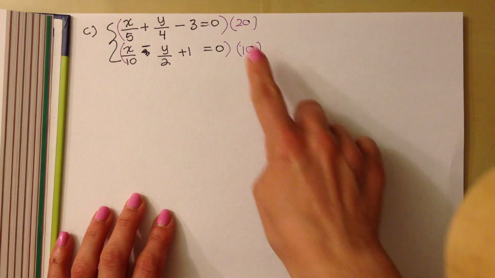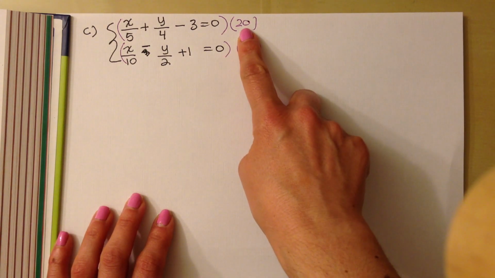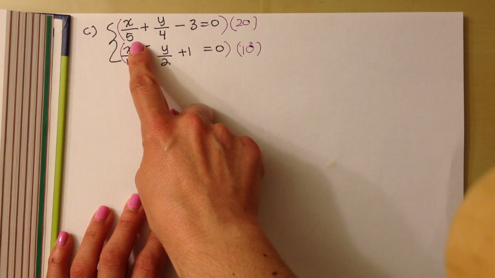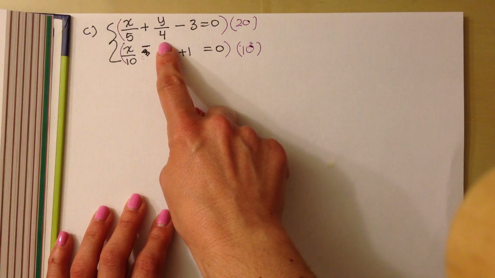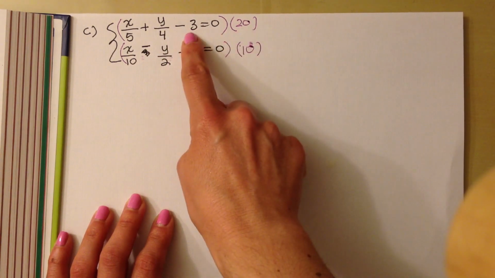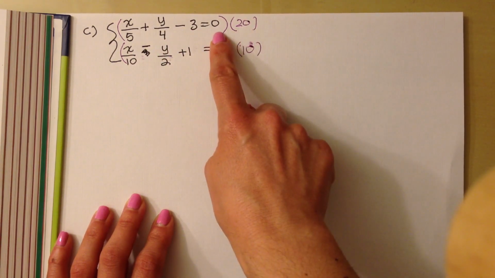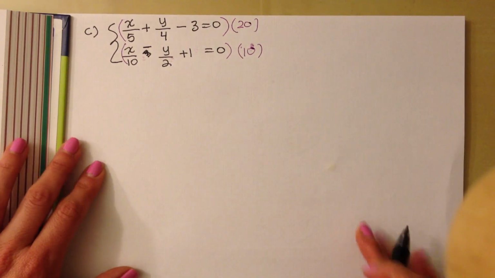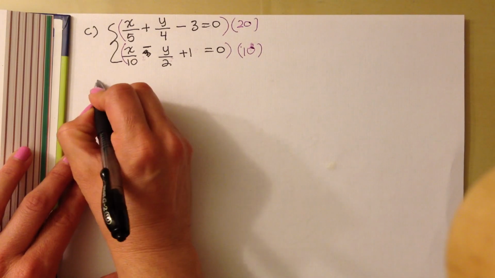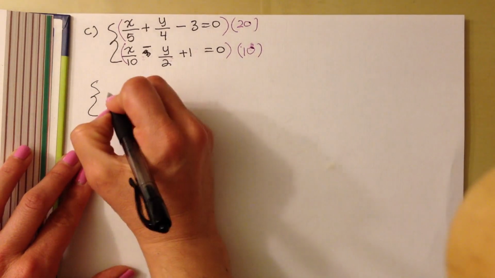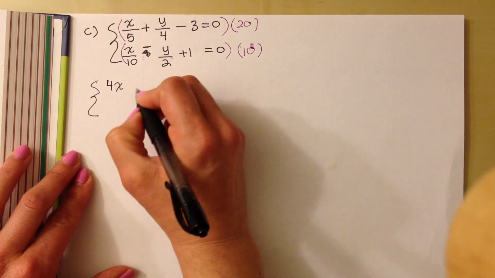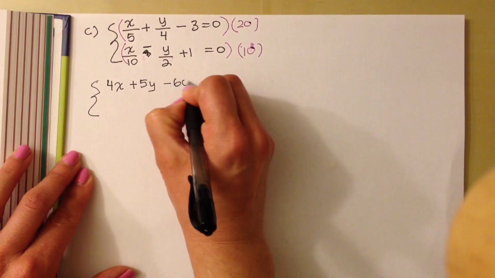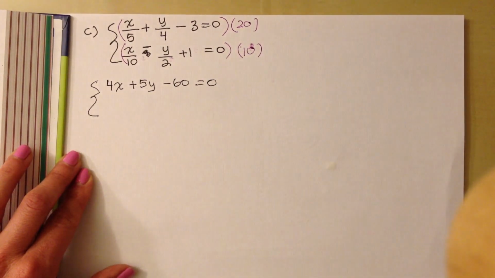Okay, so what we do is we multiply 20 with every single term, so it's 20 times x over 5, 20 times y over 4, 20 times -3, 20 times 0. Same idea with the 10. So let's start. So for our first equation, we end up with 4x plus 5y minus 60 is equal to 0.